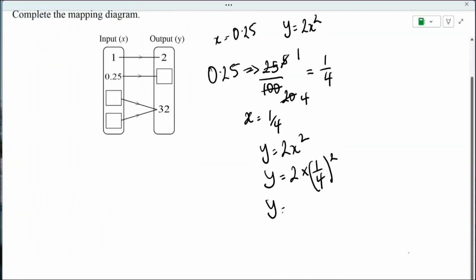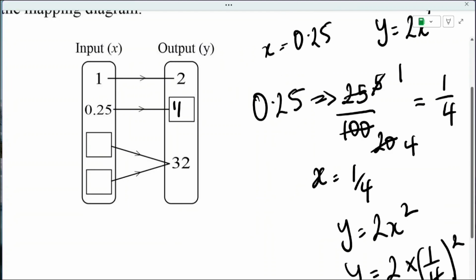We have y equals 2 times 1 over 4 squared, which is 1 over 4 times 1 over 4. You can multiply this first or simply say 2 into 1, 2 in 4, 2. So we have y as 1 times 1 times 1 over 2 times 4, that's 8. So if x is 0.25, y is 1 over 8. You can leave your answer as a fraction or you can convert it to decimal if you want. So here we have 1 over 8.